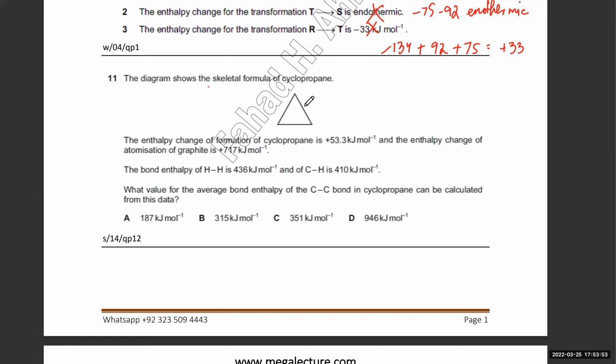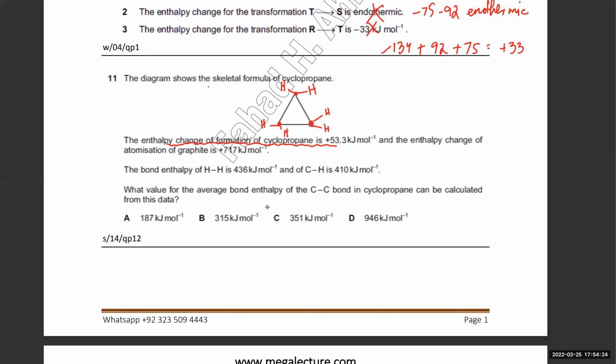Now, this one is cyclopropane. The first thing that they've given us is the enthalpy change of formation of cyclopropane. Cyclopropane is C3H6. This is a carbon atom with two hydrogens, this one is a carbon atom with two hydrogens, and this one is another carbon atom with two hydrogens, right? So that is cyclopropane.